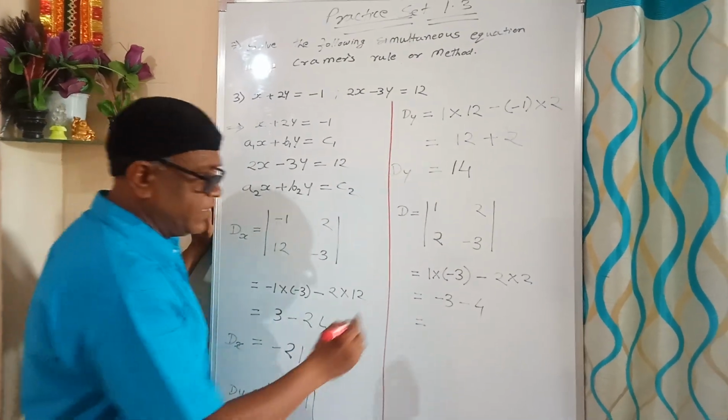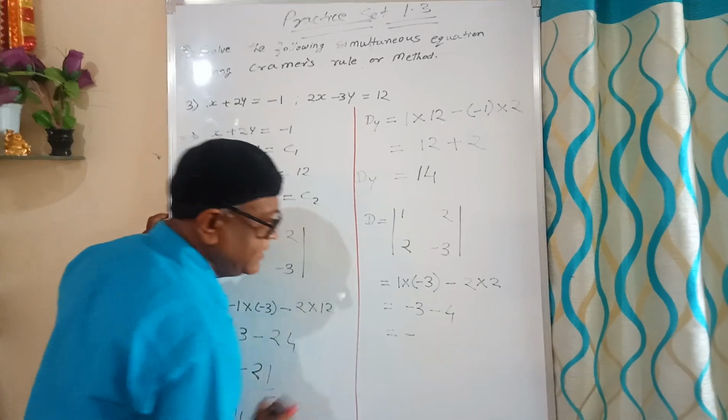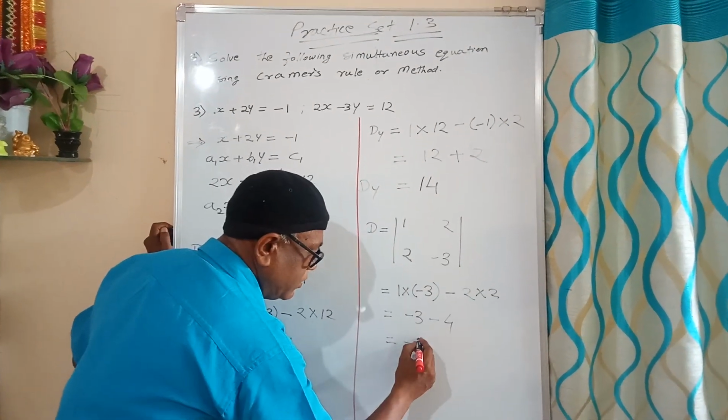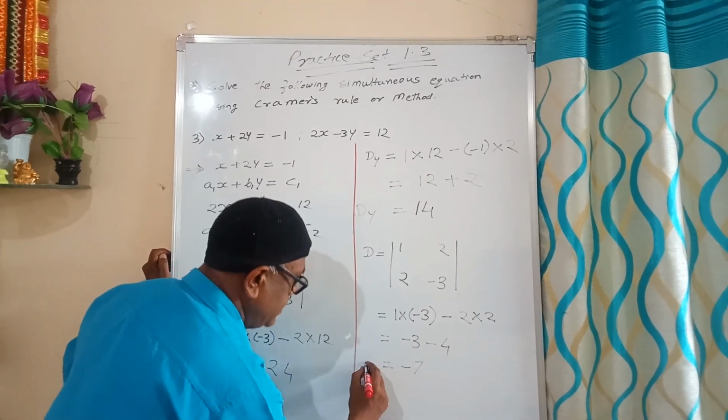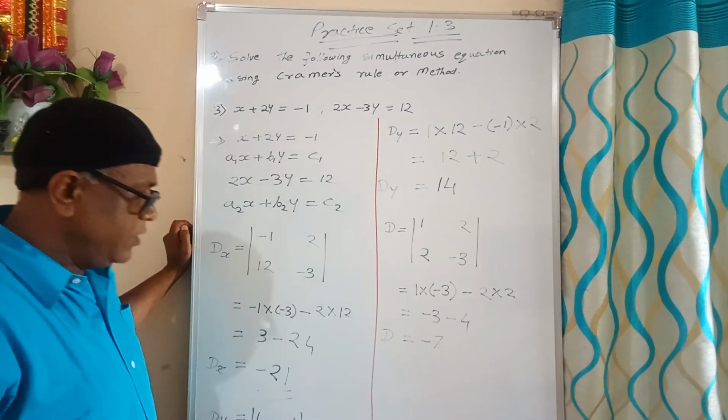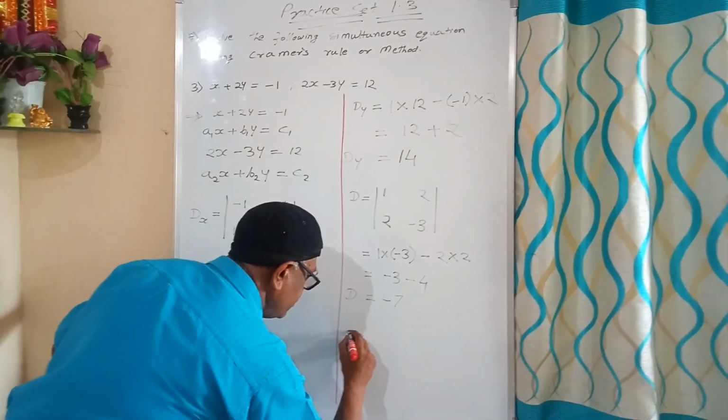You should add it but keep the minus sign as it is. 3 plus 4, that is 7. This is D.